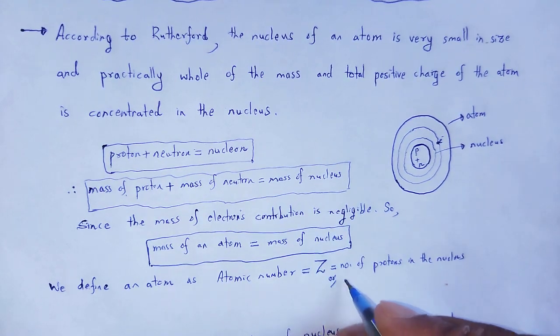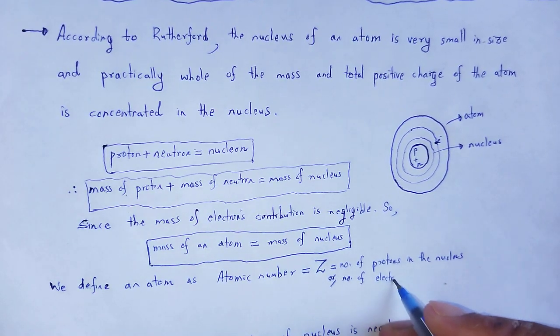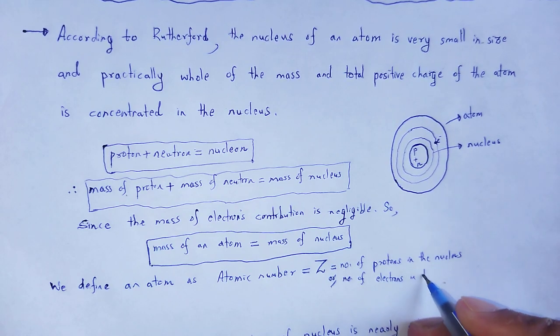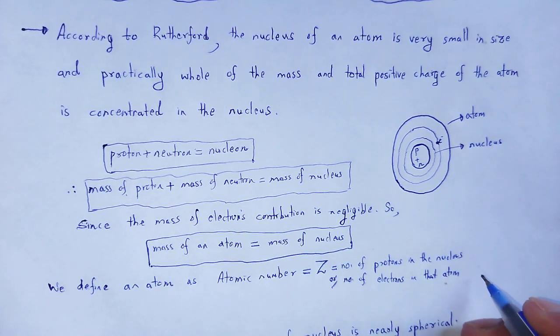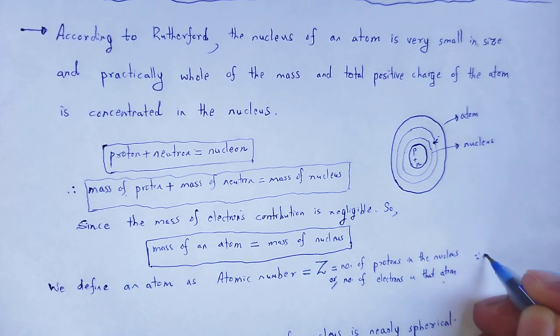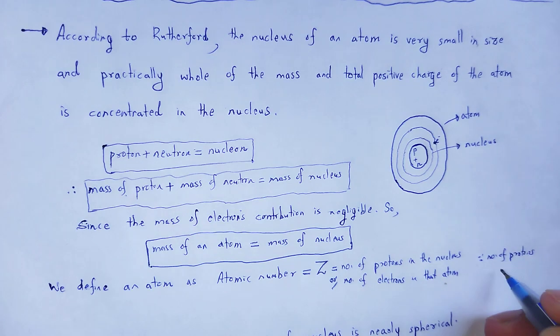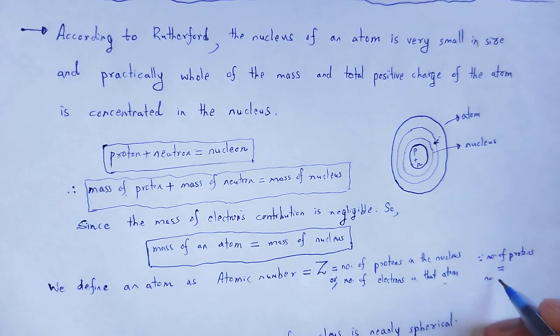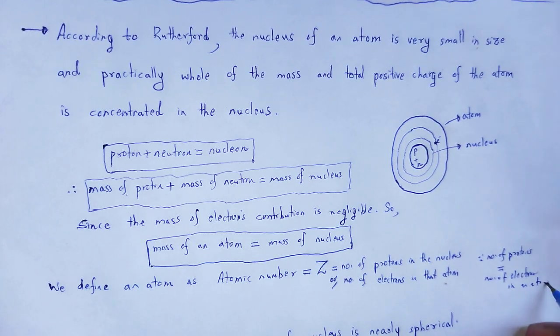It can be called the number of electrons in that atom, as the number of protons is the same as the number of electrons in an atom.